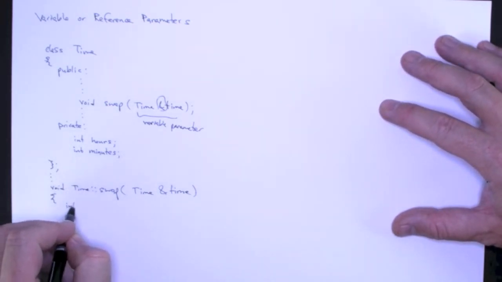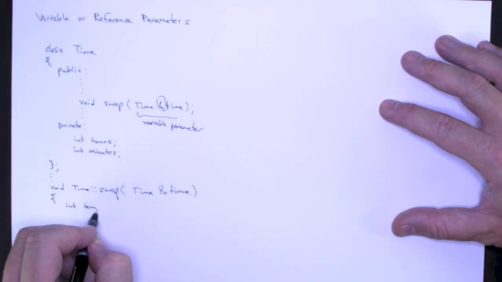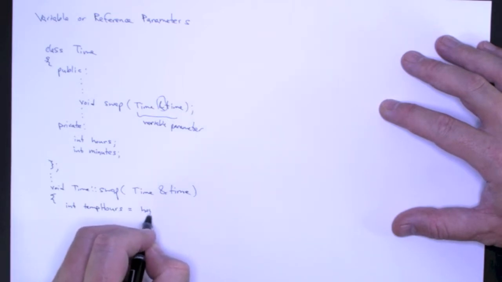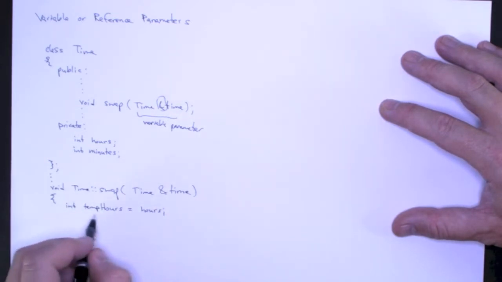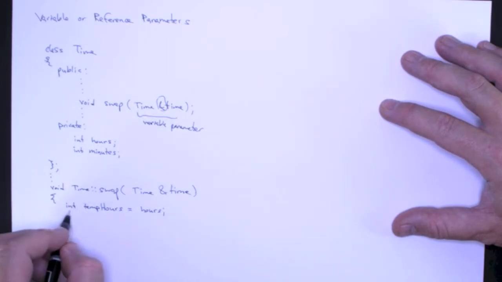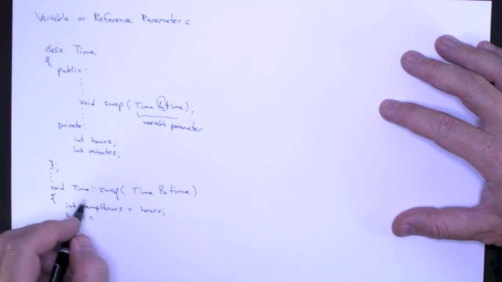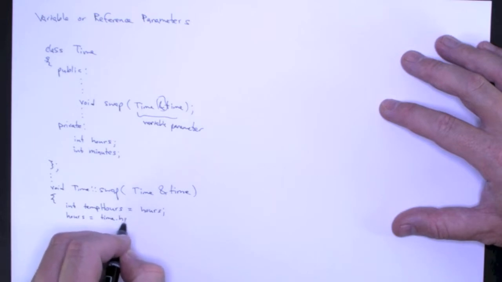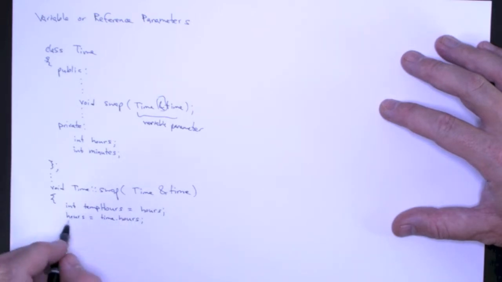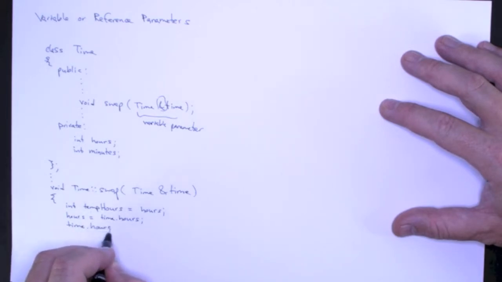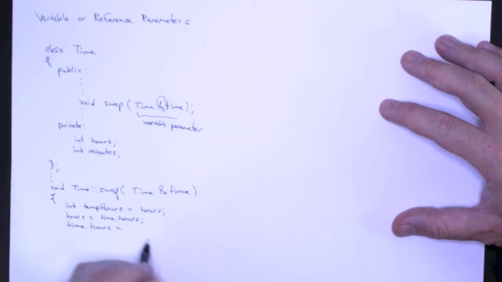So here's what I'm going to do. I'm going to create a temporary variable for hours, and I am going to store this object's hours in that variable, and now I can say that hours is equal to this time object's hours, and now I can take this stored value. All right, so I'm just switching them around.